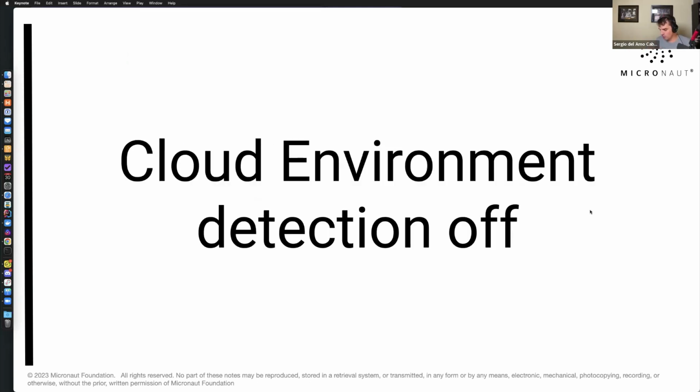Cloud environment detection off. This is something I want to warn people about. We have this feature called cloud environment detection. The idea behind it is that we have this concept of environments in Micronaut, which allows you, for example, to have a configuration file that is only loaded when the application runs with a particular environment.